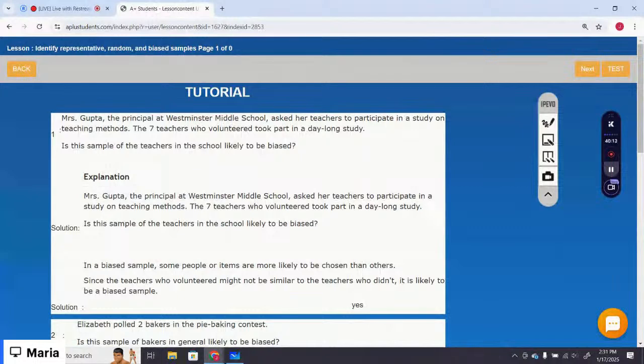It is likely to be a biased sample. So that means the sample is biased if items are more likely to be chosen than others.